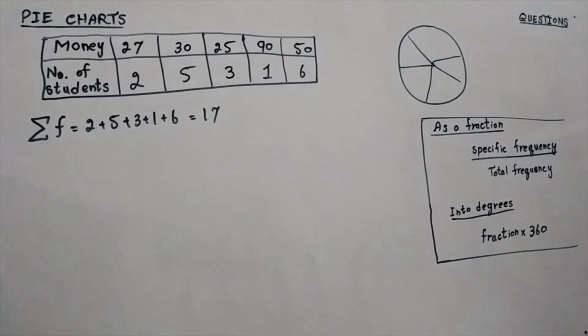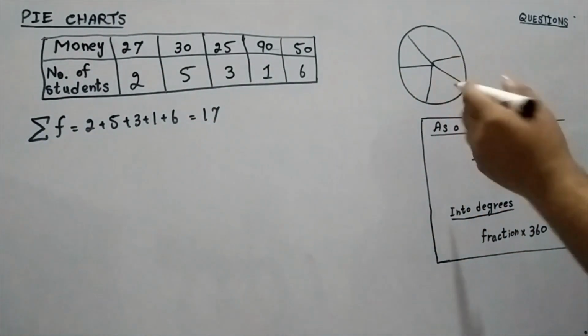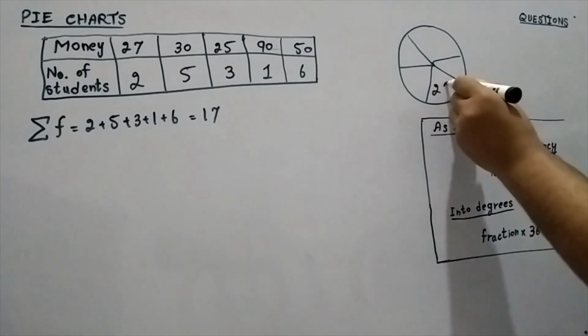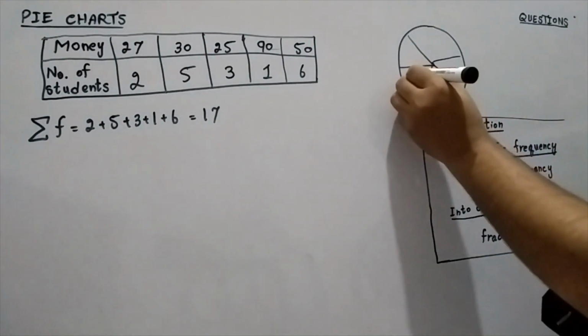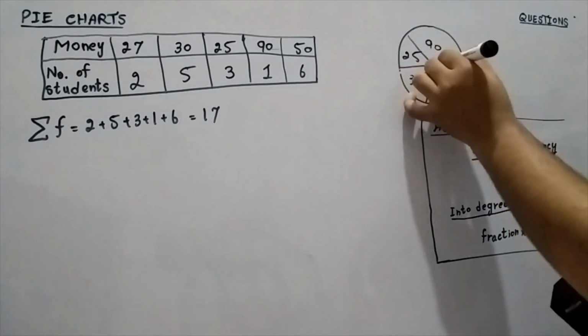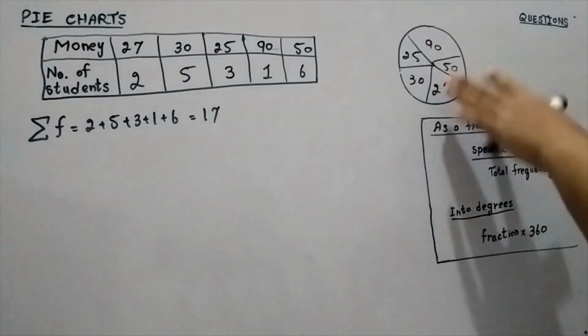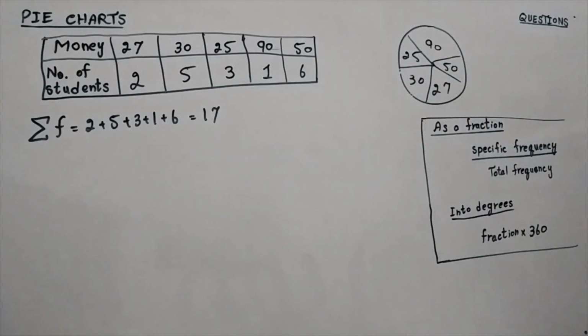These are the categories we have. I can say that $27 is a category, $30 is a category, $25, $90, and $50 are categories we have. We will show these categories according to the number of students.